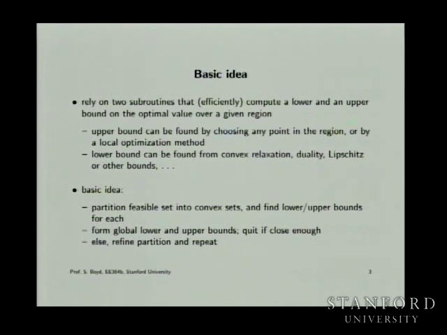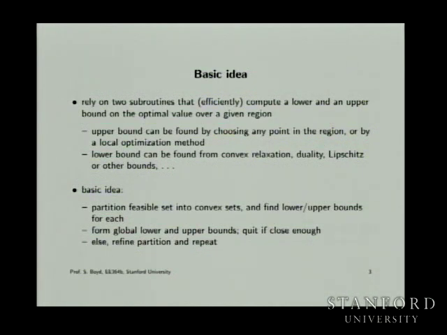If it's not feasible, the upper bound is plus infinity, which is a valid upper bound. It's not useful, but it's valid. You could run a local optimization method. It really doesn't matter. The lower bound over the region you're going to find by a convex relaxation, duality. You could argue from a Lipschitz or other bound.